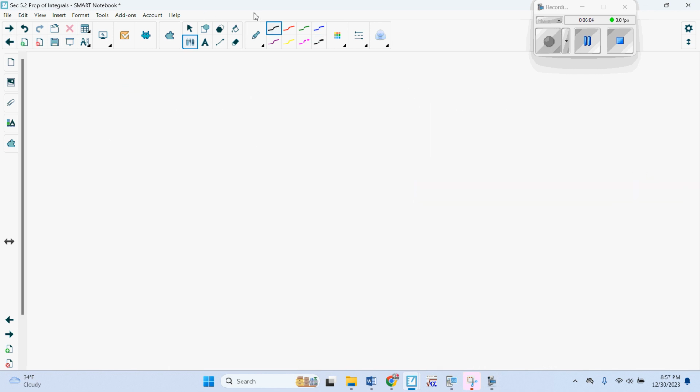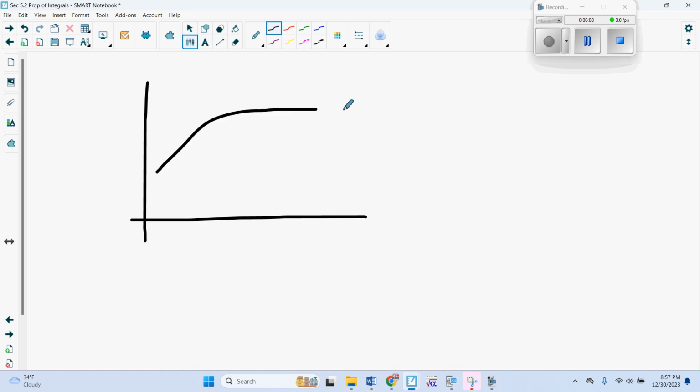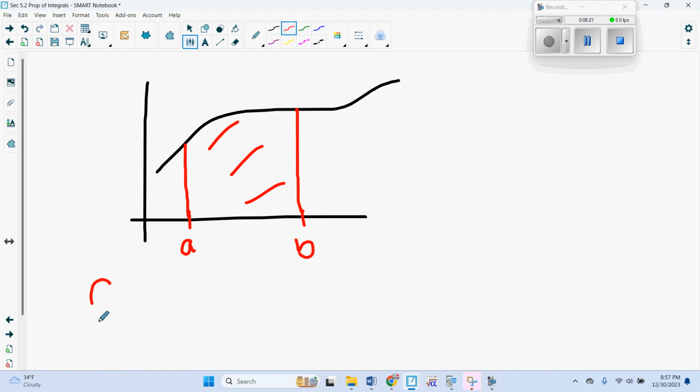So let's say we have a to b, and we are talking about this area. So this would be the area of a to b of f of x dx. Now, let's split this up to some value c way out here.